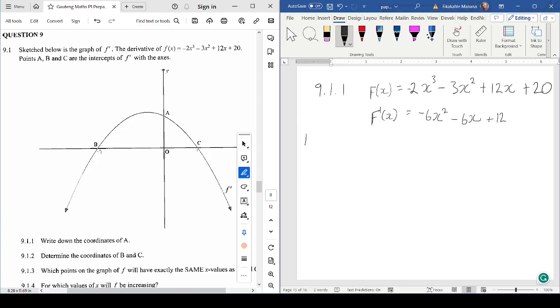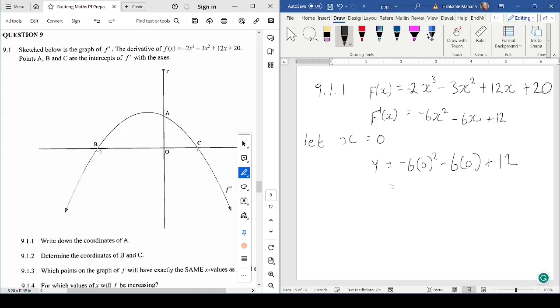Now that we have that, because we're looking for A, the y-intercept, let x equal 0. So y is equal to minus 6 times 0 squared minus 6 times 0 plus 12.